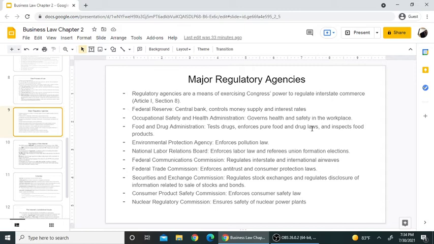Then we have the National Labor Relations Board, which was created in the 1930s as a result of various New Deal legislation, and it basically enforces labor law, and it also referees the union formation elections. You might have heard about the Amazon workers in an Amazon warehouse in Alabama who wanted to form a union.